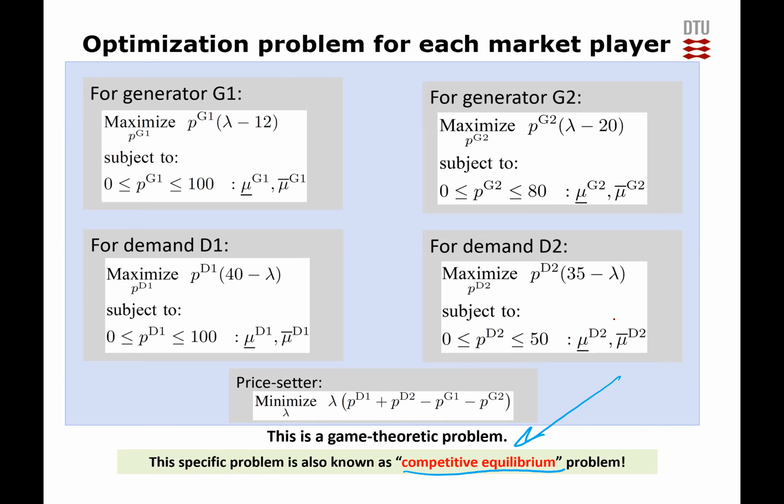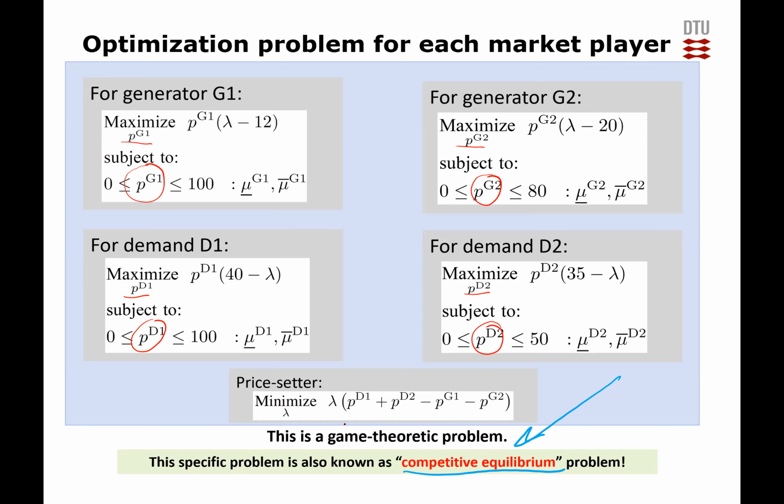It's a Nash equilibrium, right? Because for generator 1, the constraints are only dependent on the local variable. The same for G2, the same for D1, the same for D2, and the same for the price setter, because the price setter doesn't have any constraint, right? We will talk about transmission constraints later, Tomasz, right?